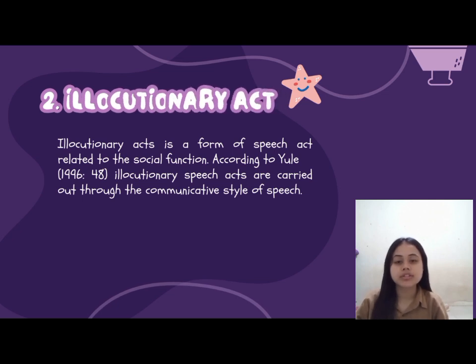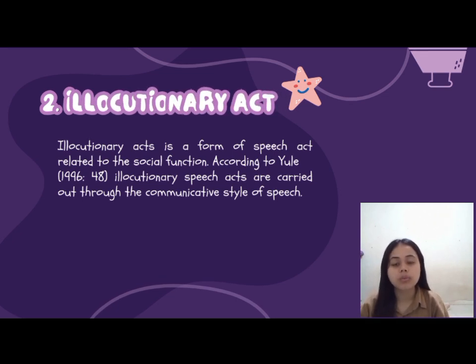Next is illocutionary acts, one form of speech act related to social function. Austin and Searle state that the most important thing in achieving a particular illocutionary act is the need for the speaker's speech power, which is intended to secure the uptake of the listener.